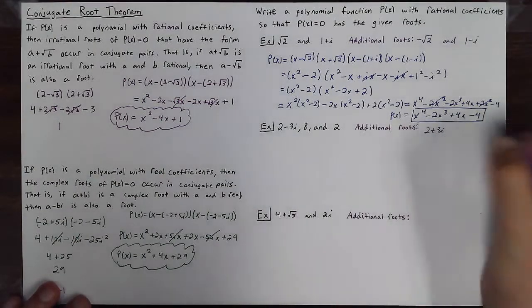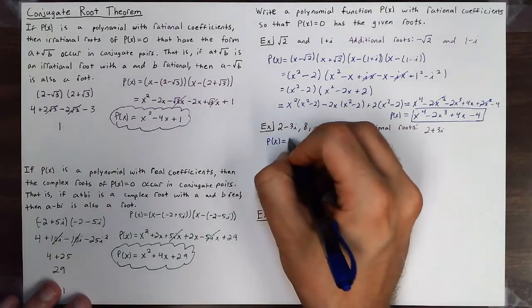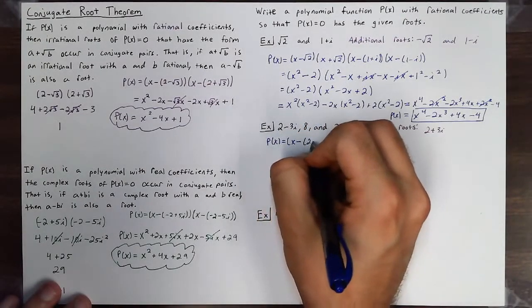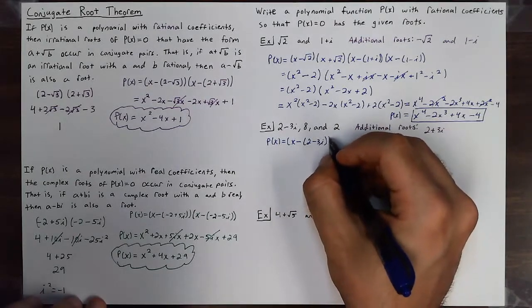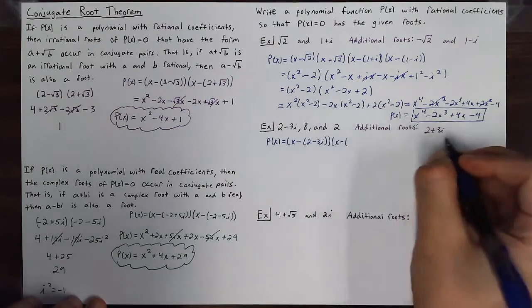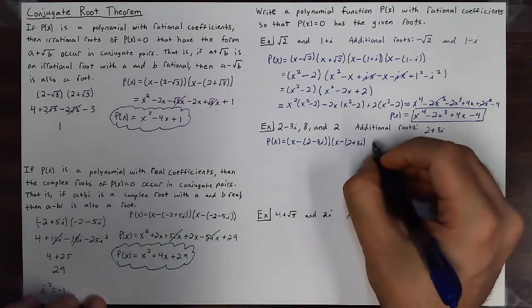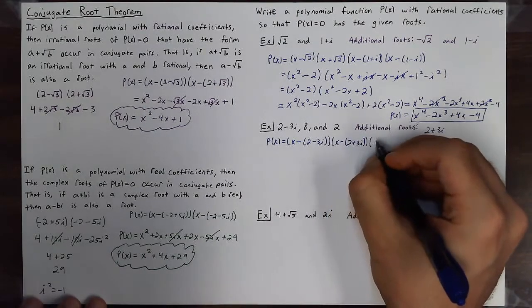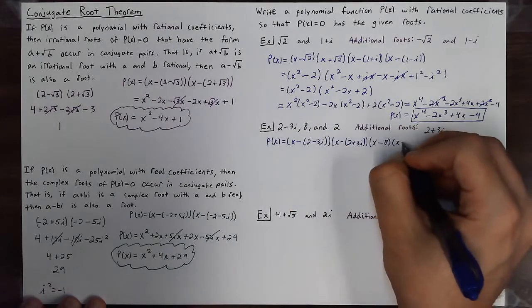So when I go to write my polynomial, I have p of x is equal to x minus 2 minus 3i, times x minus 2 plus 3i, times x minus 8 and x minus 2.